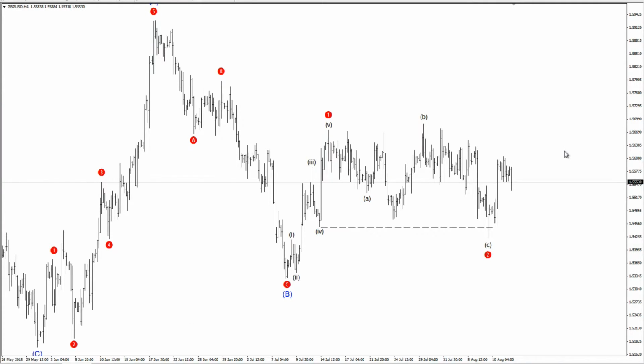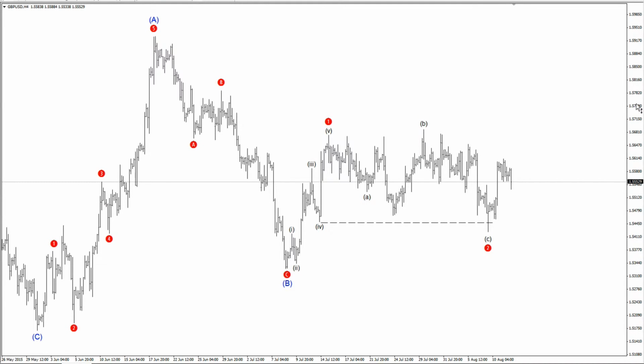More or less sideways price action has continued here. We are now at 155.54. My wave count is looking for more upside on pound dollar, but this has not been confirmed yet.